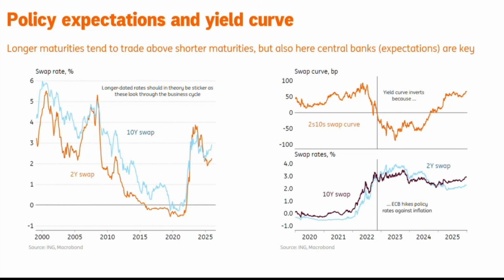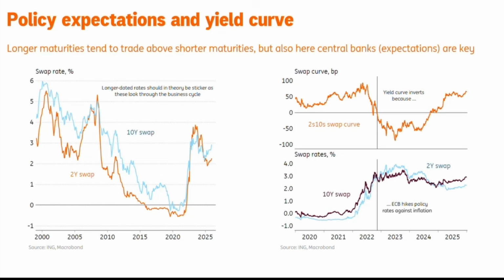But sometimes that can invert. And that inversion is often highlighted a lot by the media as a recession indicator. What does that tell us, the inversion? We had a big inversion here in 2021, 2022, because the 2-year swap rate increased beyond the 10-year rate.